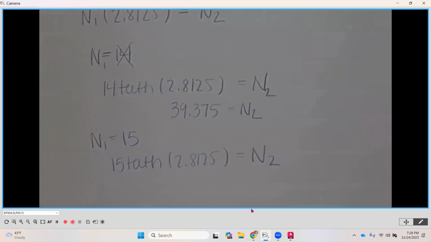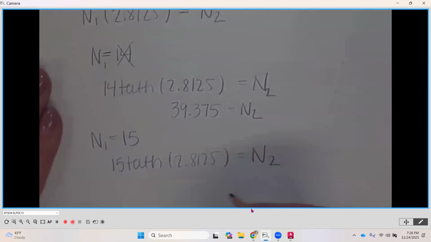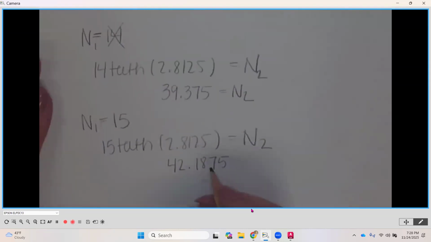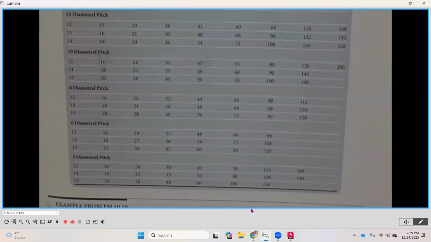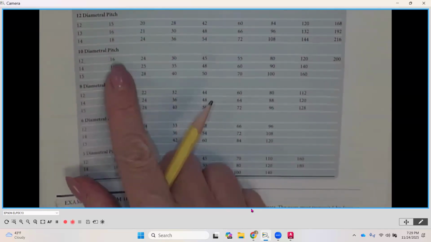And what do we get for N2? Yeah. So the 0.1875 means that 15 is not going to work either, right? Let's try 16, because I think 16 is next, right? Yep, we go from 15 up to 16.